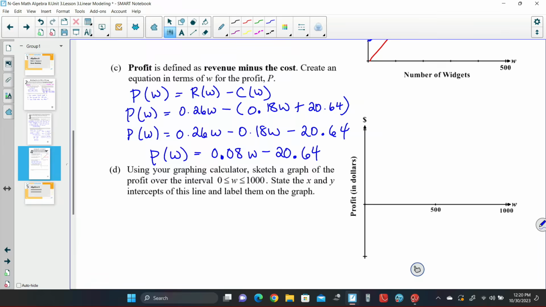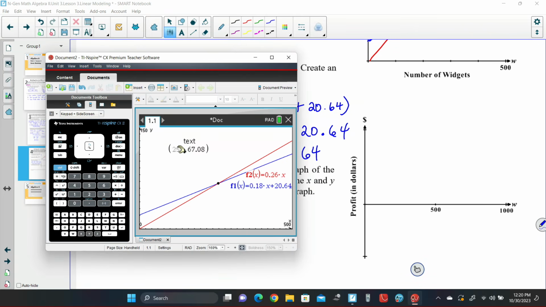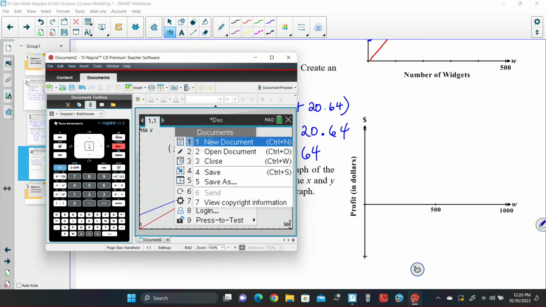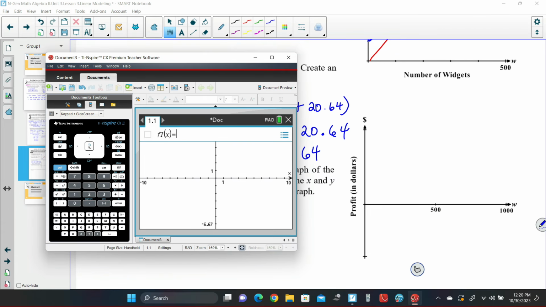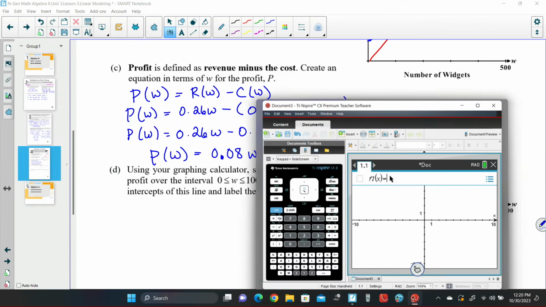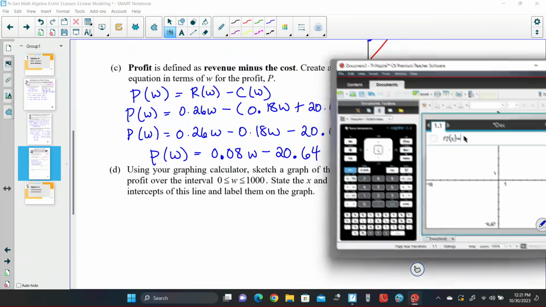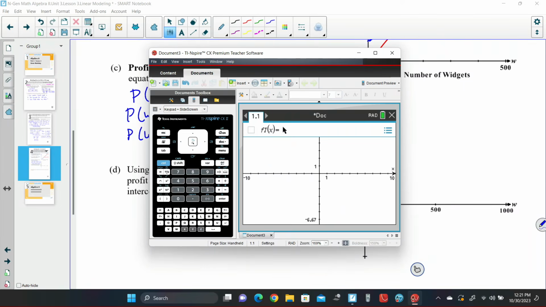Again, I've got to exit out of this. I think I'm going to open up a brand new document. That way I can do a brand new graph. Here we go. So I've got 0.08x minus 20.64.